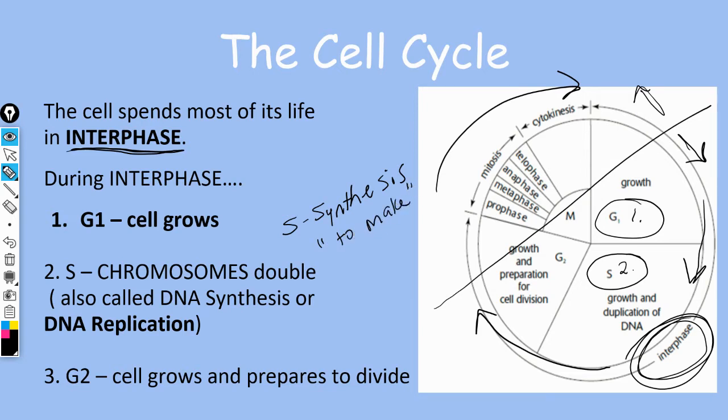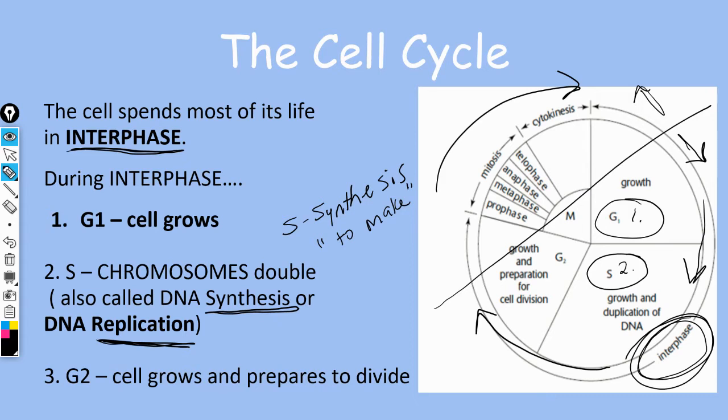And so what we're going to do is synthesize the DNA, which is also known as DNA replication. So we're right back to that trend in biology where we have different names that mean the same thing. These can be used interchangeably, DNA synthesis or DNA replication. And what that means is we're going to make a copy of the DNA.